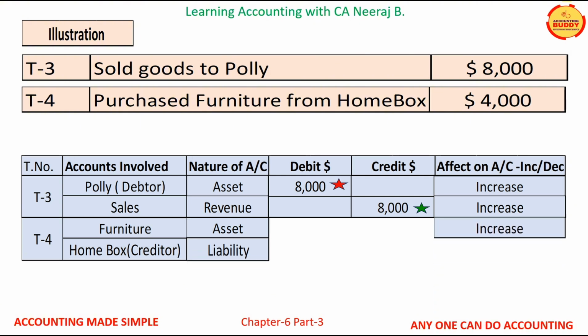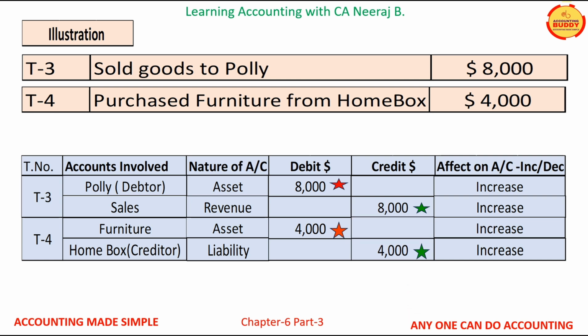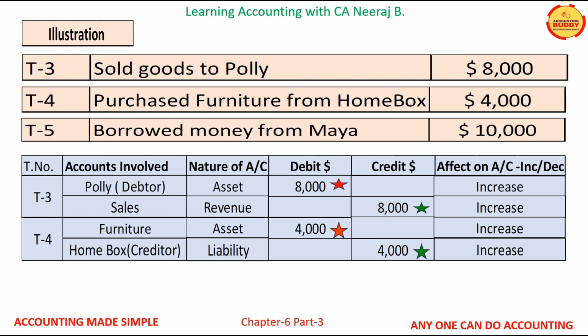Asset value is increasing, therefore as per the asset rule, the furniture account will be debited by $4,000. The value of liability is also increasing, therefore as per the liability rule, the Homebox creditor account will be credited by $4,000.